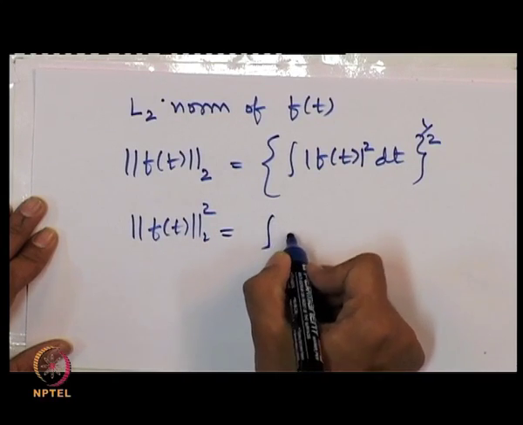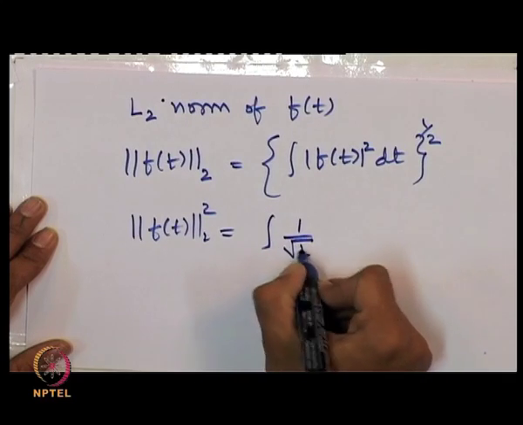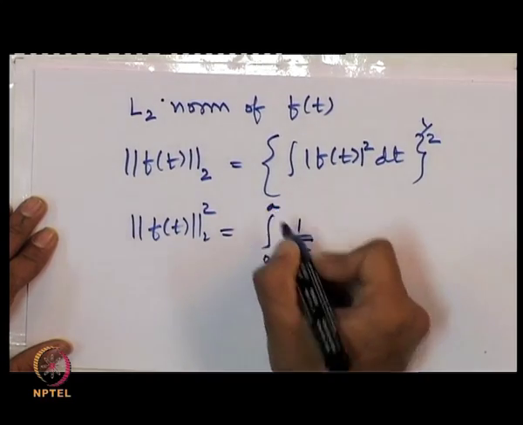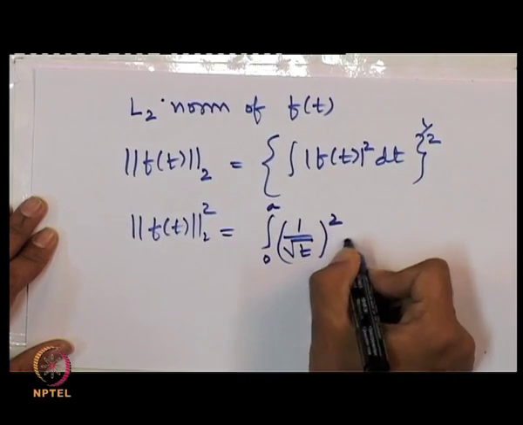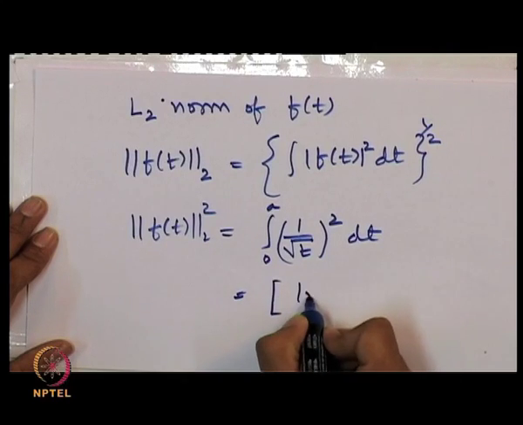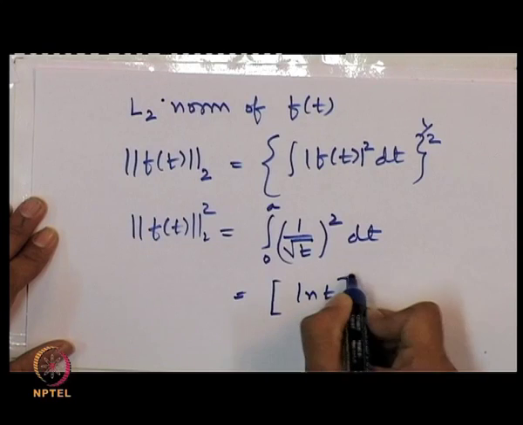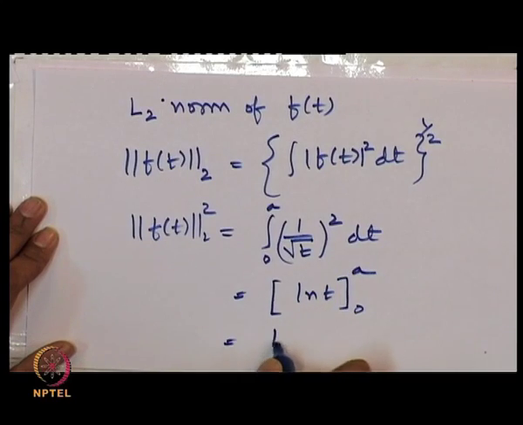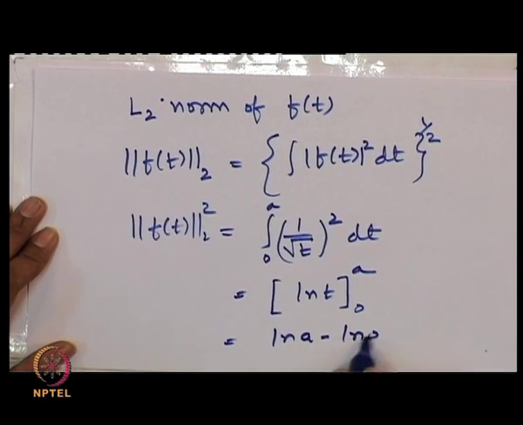The integral of 1 upon root t, whole square, dt from 0 to a is equal to ln t from 0 to a. It is equal to ln a minus ln 0, which is indefinite.